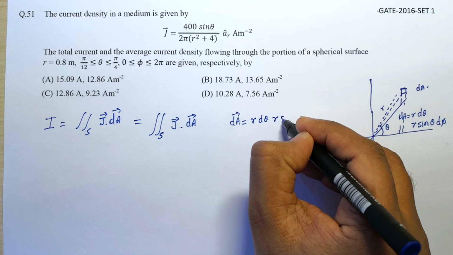So dA is r d theta, r sin theta d phi, and a_r.